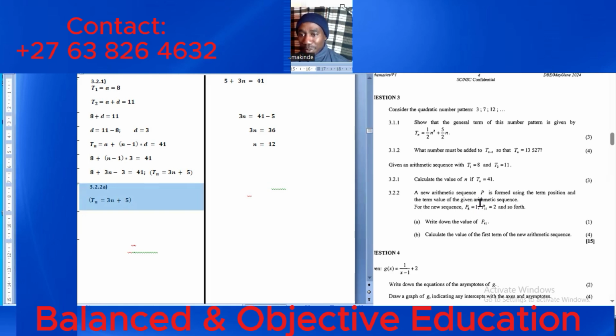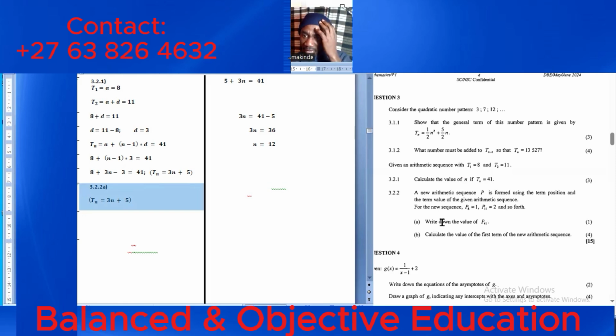So the value in sequence P equals the position in the original sequence, and the position in sequence P is equal to the value in the original sequence. So it's just a kind of a switch, right?